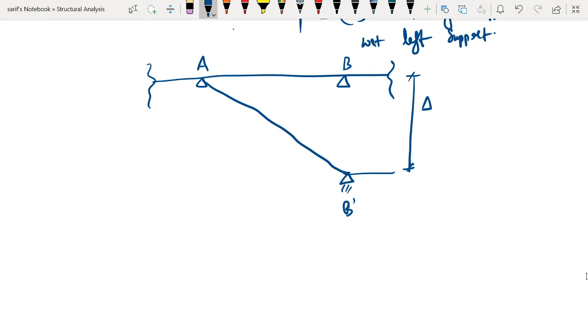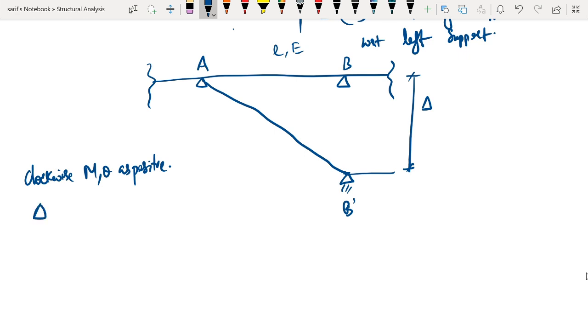Now let L be the span, E be the modulus of elasticity. All other notations are going to remain the same. Now here we are going to assume that clockwise moments and rotations are positive.